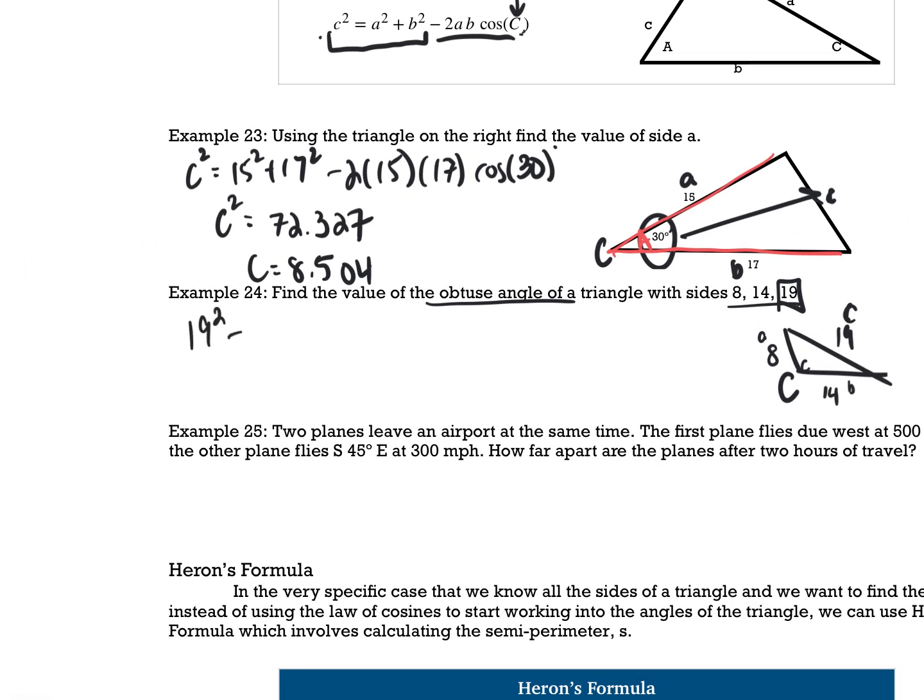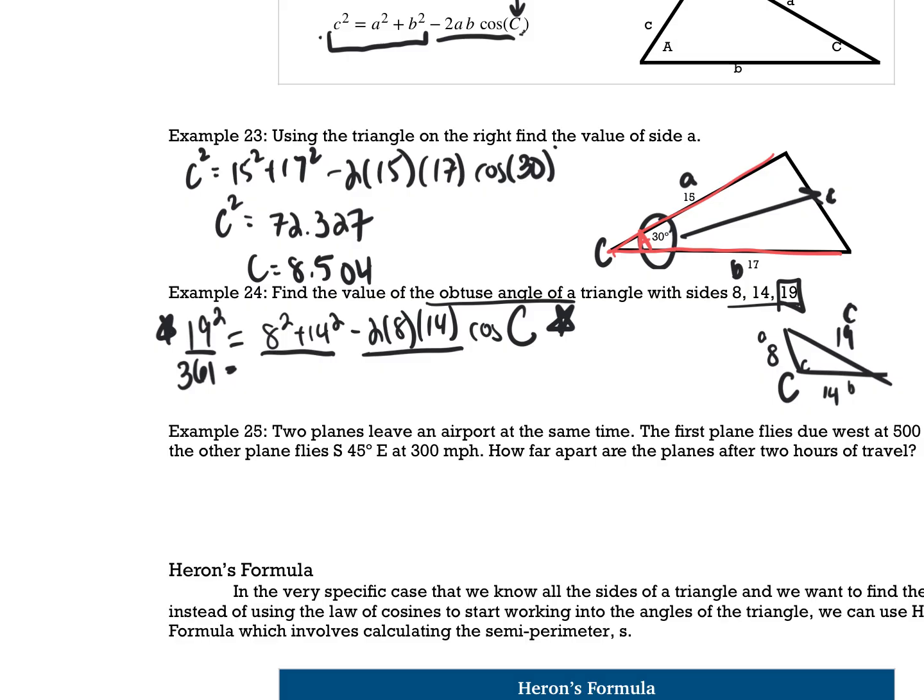19 squared equals 8 squared plus 14 squared minus 2 times 8 times 14 cosine of big C. This is what I am going to ask you to do for your work, because everybody makes a mistake with this. Find this as a piece, find this as a piece, and find this as a piece, like individual components.